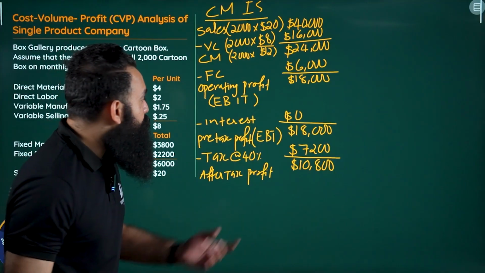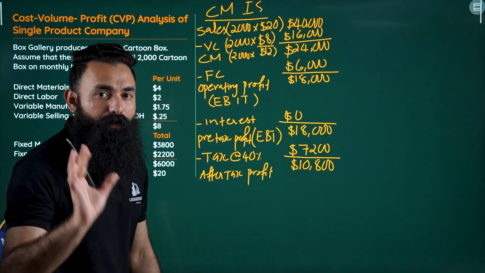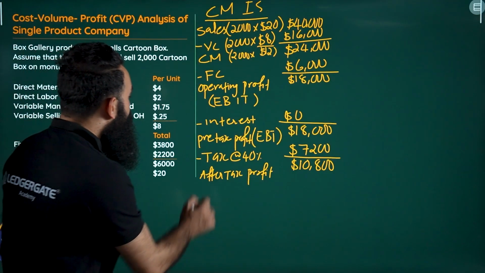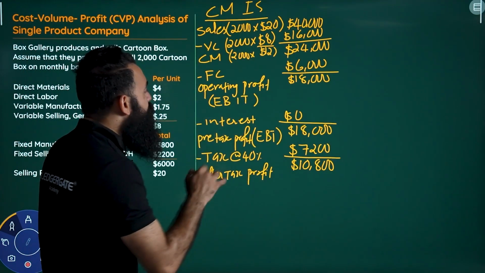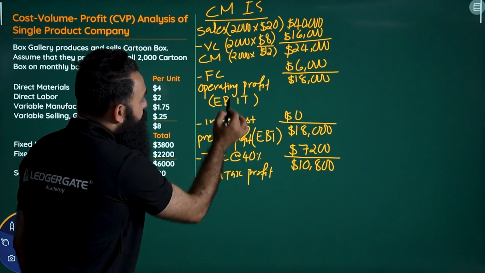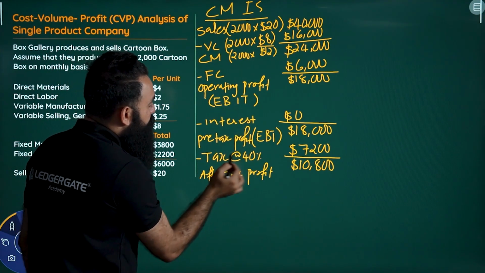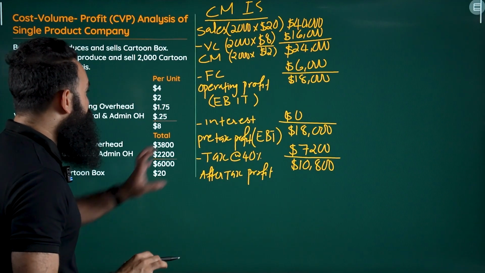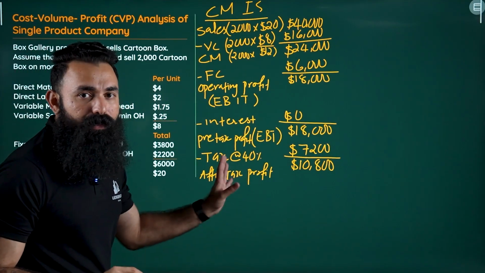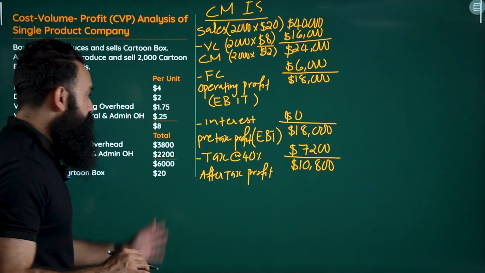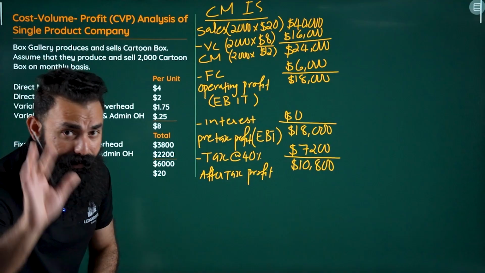At that time, operating income and pre-tax profit won't be the same. Anyhow, here pre-tax profit and operating income are both the same. From here onwards we call it pre-tax profit, and if from that pre-tax profit we deduct the tax amount, we arrive at after-tax profit. We won't discuss operating profit anymore here in CVP analysis. Instead, we call pre-tax and after-tax profit.